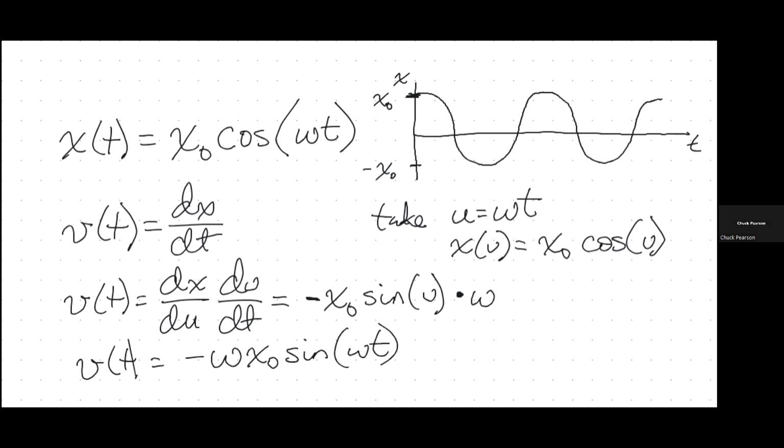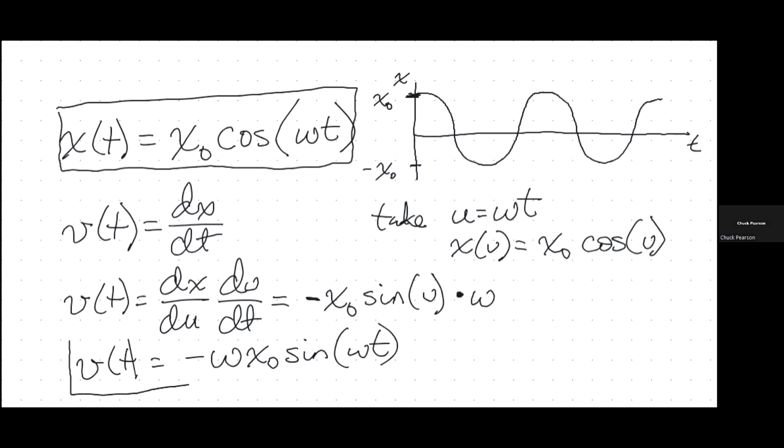And when we do this derivative, we talk from time to time about the omega popping outside of the function we're working with.